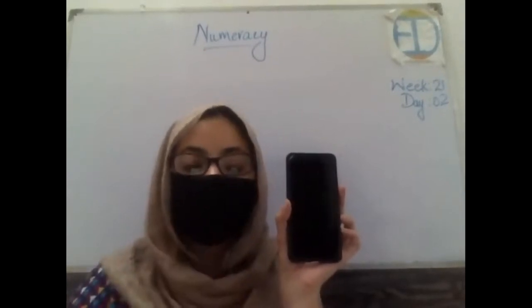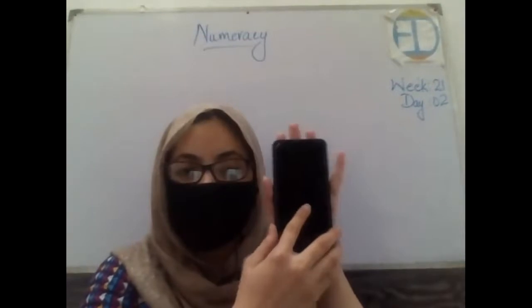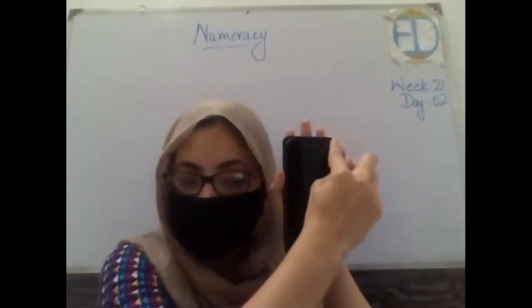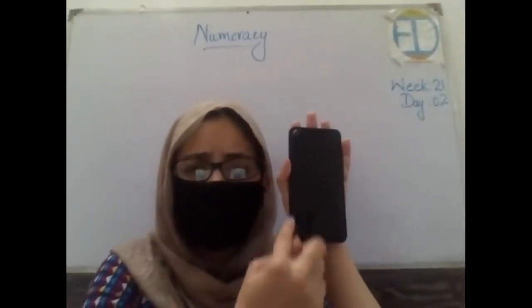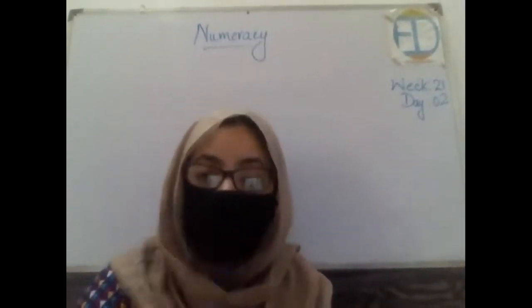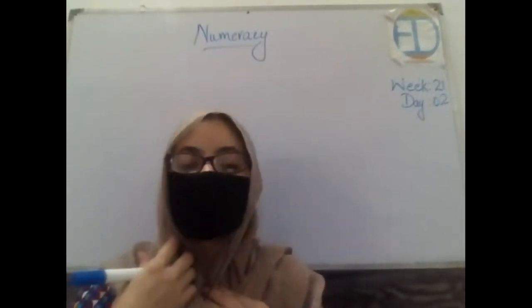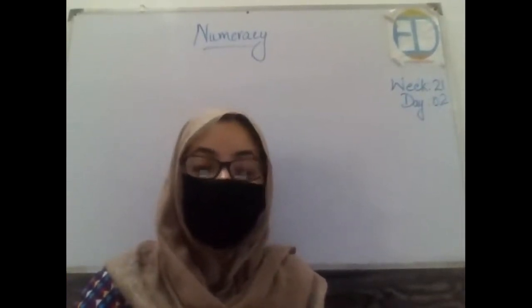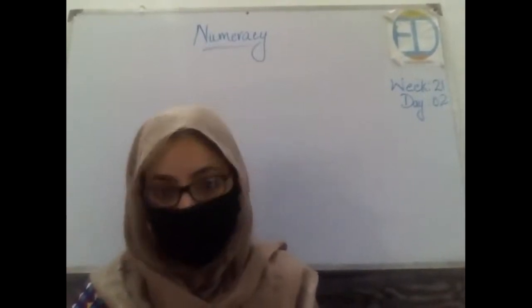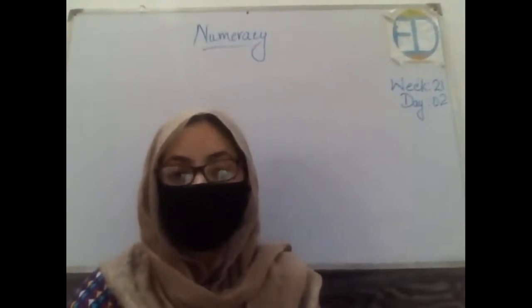If I ask you to draw the shape of this mobile phone, you will keep it on a piece of paper and drag a pencil, creating the outline of it. So a shape is basically an outline of an object, and different objects have different shapes, and different shapes have different features as well, right? In today's class, we will revise all the shapes that we have learned so far.